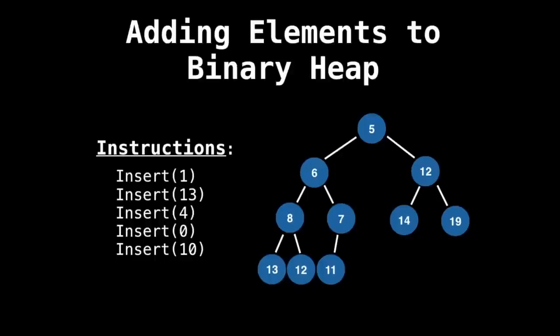Alright, so now we want to know, how do I add nodes to a binary heap and maintain the heap invariant? Because if we add nodes to our binary tree and we don't maintain the heap property, well, the binary heap is useless. We'll do some examples. On the left, I have some instructions which tell us what values we need to insert into the heap. The first value is a 1, which should actually appear at the root, since we're dealing with a min heap.